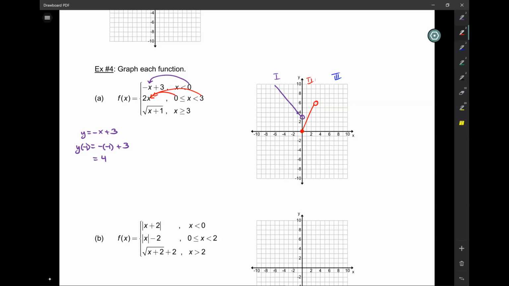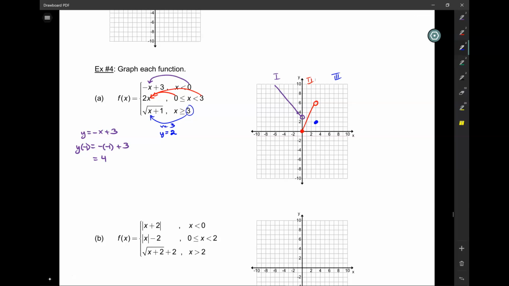Region 3, first I plug 3 into here, and I get 2, right? When x is 3, y is 2, closed circle. And now that is supposed to look like a square root.